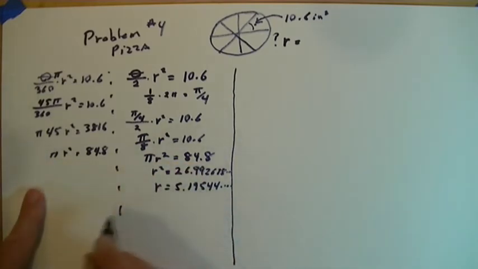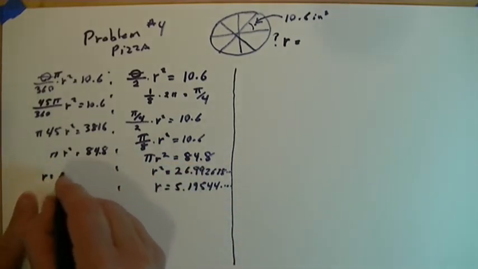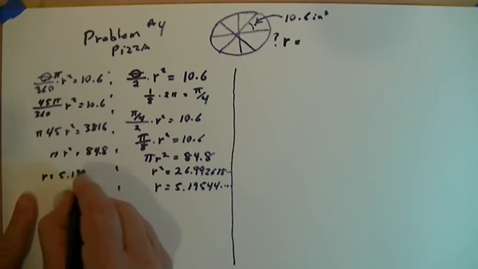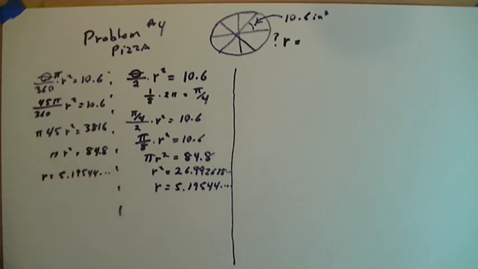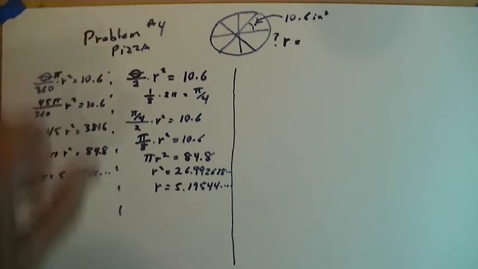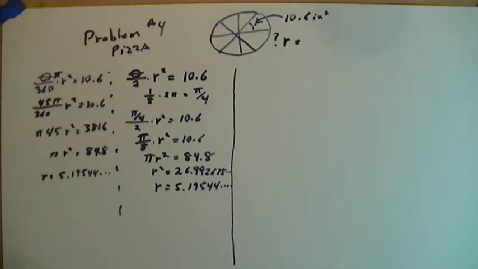So obviously our R is going to end up being 5.19544. Okay. So yeah, you can use this, but if you do this, just make sure you use pi over 360. Here we use 360 over pi.